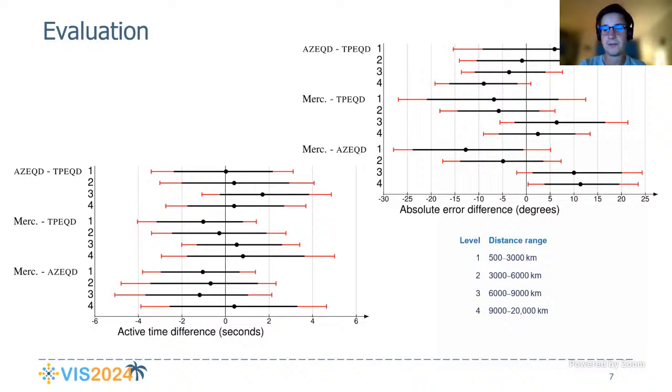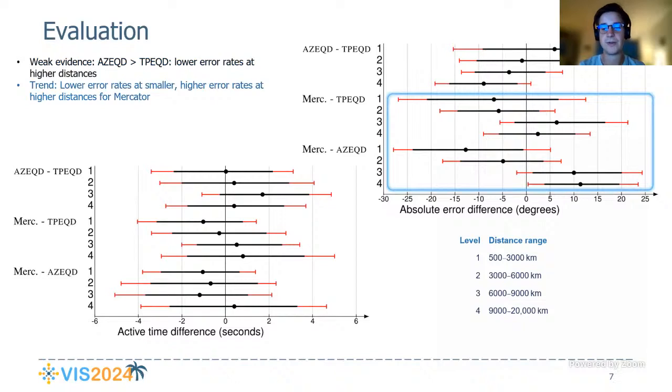These pairwise differences show few conclusive results, but we can see some weak evidence and trends. First, there is weak evidence for lower error rates for azimuthal equidistant projection over 2-point equidistant projection at larger distances and a trend towards that conclusion at lower distances.